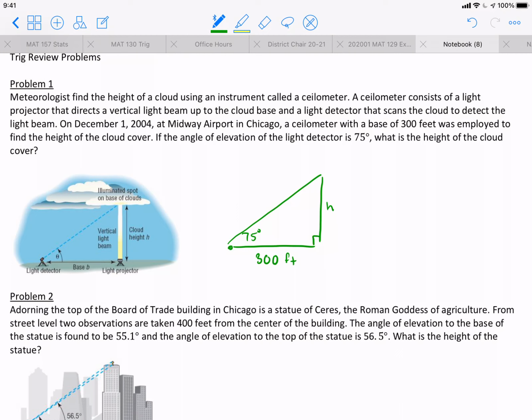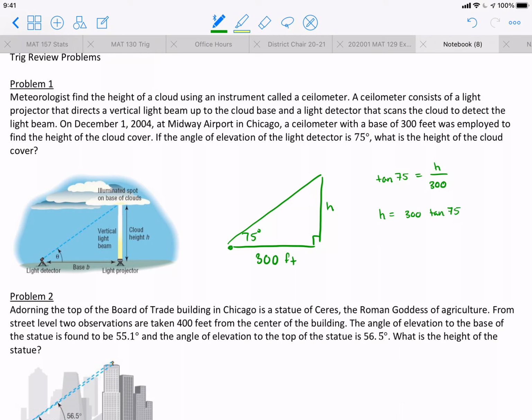That's just a plain old right angle. So that's opposite, that's adjacent. So this is a tangent problem. So tangent of 75 equals opposite over adjacent. And so then h is equal to 300 times the tangent of 75.